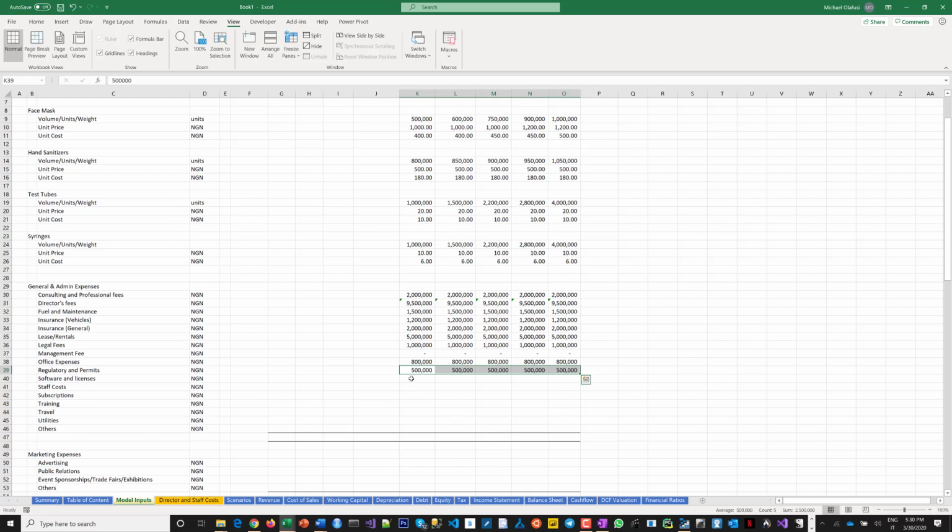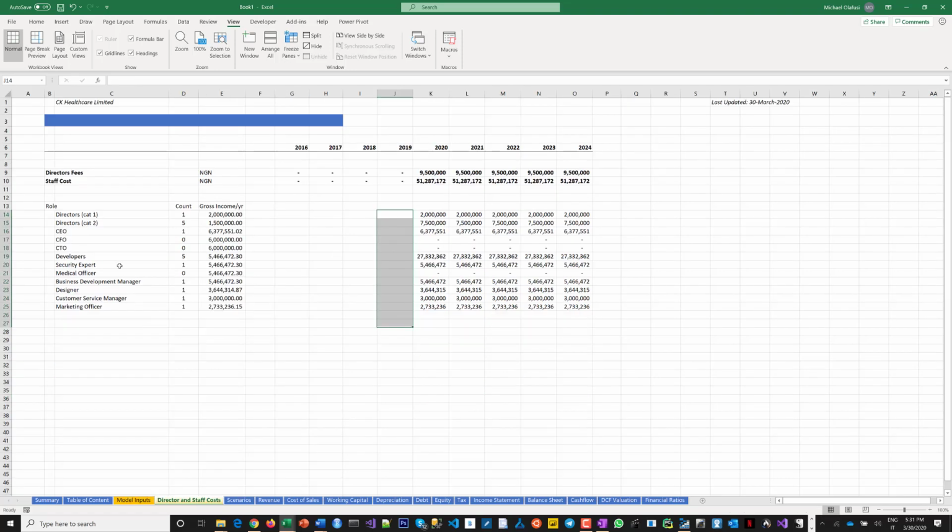For software and other licenses, manufacturing isn't too dependent on high tech, so let's just use a not so large figure for what they need to spend annually on software. Most of it might be around their ERP, their payroll processing, and supply chain management software. For staff costs, we're going to drag that out of here.